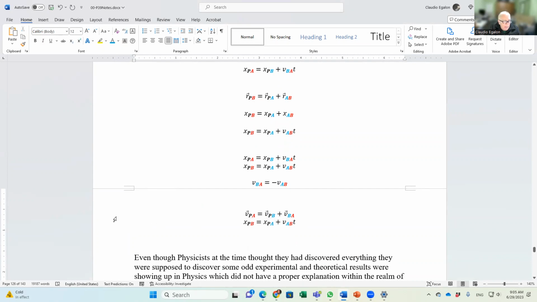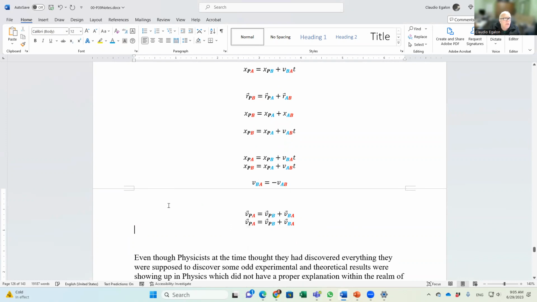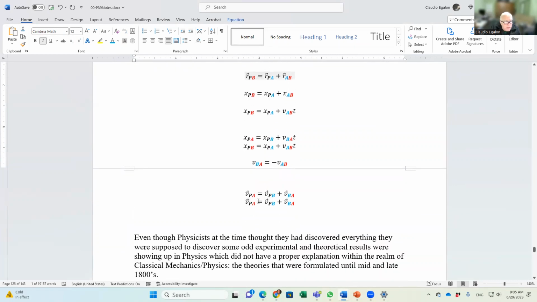And then this format remains the same, because it's not just for the position. There is also an equation like that for the velocity, for the relative velocity, and the relative acceleration, okay? So here we go. I'm gonna put B here, VP of A. So it's two referentials and one particle, and we're describing the motion of that particle with respect to different referentials.